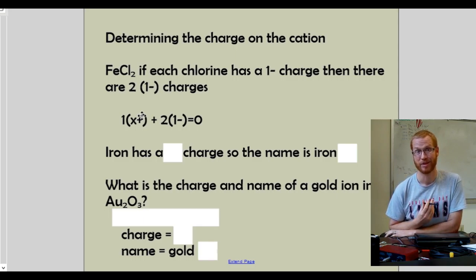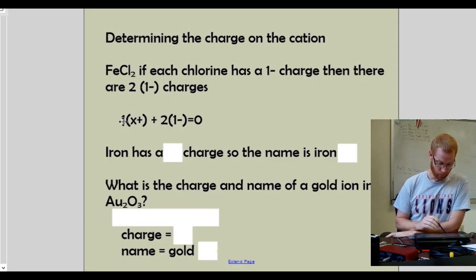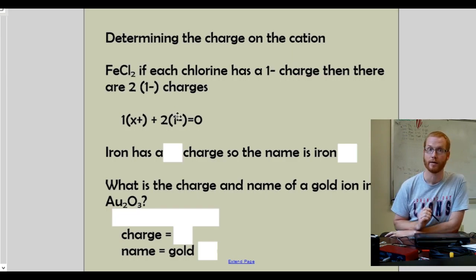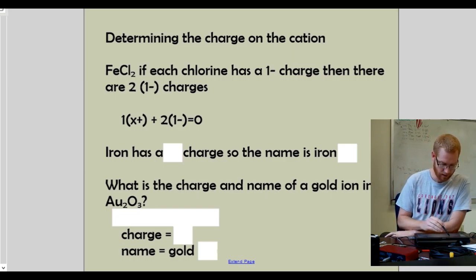I choose X because X is always the unknown thing. We have one iron ion with a charge of X and two chloride ions with a charge of -1. We know that the net charge, the overall charge, is 0. So we can solve this for X.